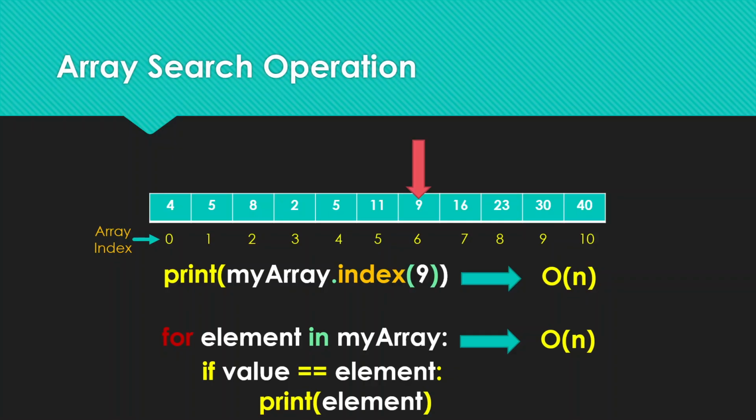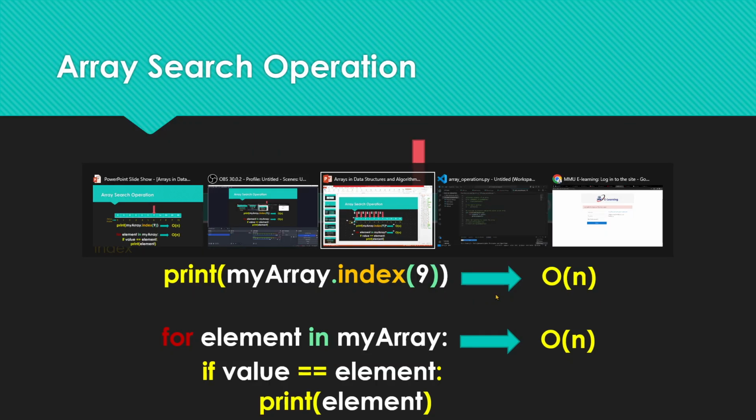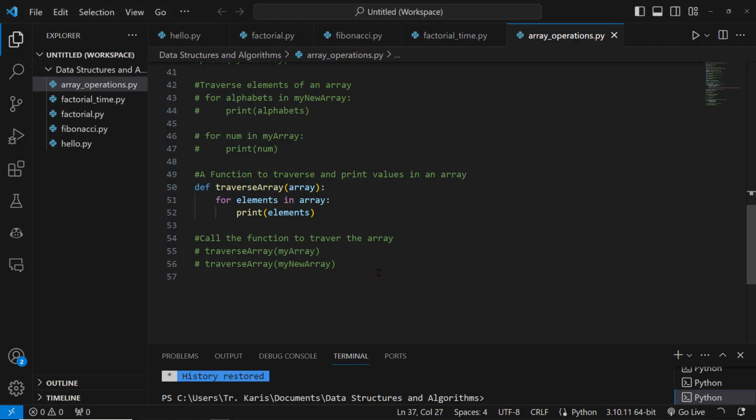So let's dive in and write the code for this in Visual Studio. We have the traverse function here, so we just want to do the search function, a function to search a value in an array. We can just do def, and then we call it search array.